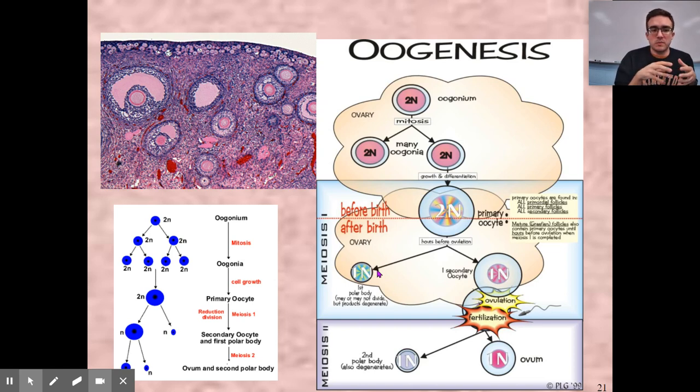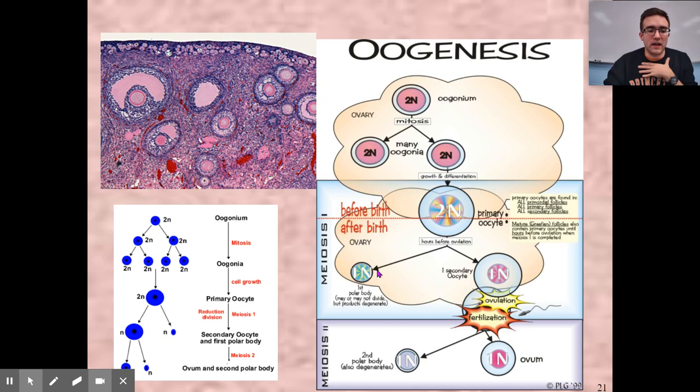The reason why is size comparison: sperm are very tiny compared to an egg cell. A lot of the development and nutrition that the zygote needs once it gets fertilized comes from the egg cell, so the egg cell itself is very big.